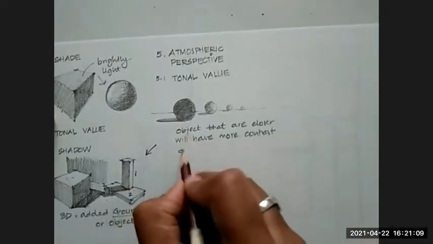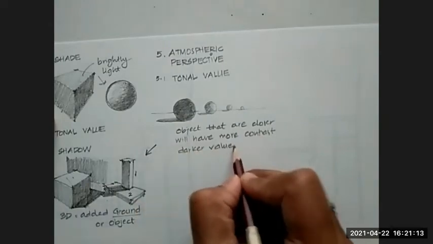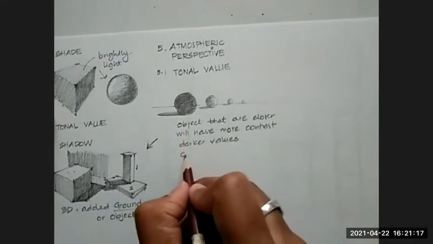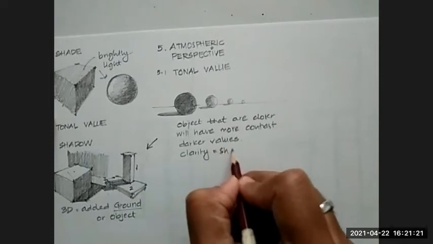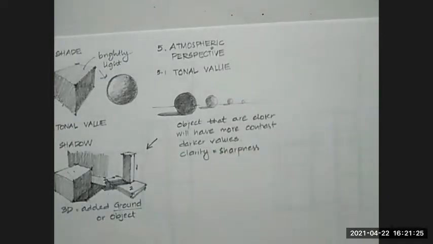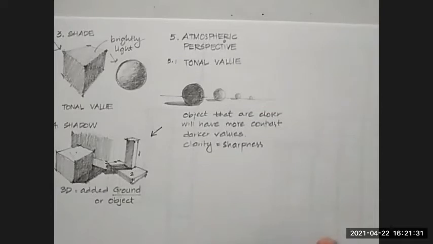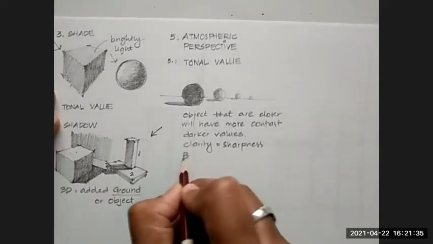They have darker values. Okay, and they will have clarity. Clarity equal to the sharpness. They'll appear sharper. And the objects which are far away at a distance, they will be hazy and they will appear in bluish tone.